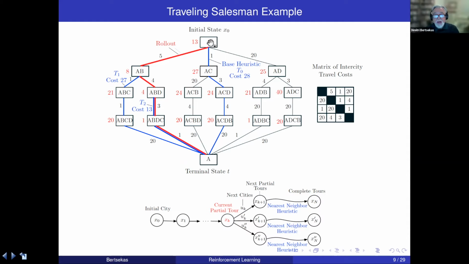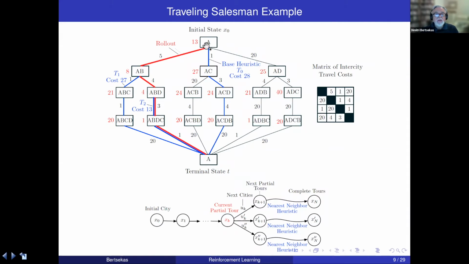Okay, remember that in rollout at a given state, we look at all possible options, and we go to the next state, and then we run the heuristic for all these next states. We compare all of these trajectories, and we find the one that has minimum cost. And then we go to the next state according to the choice that gives us the least cost.